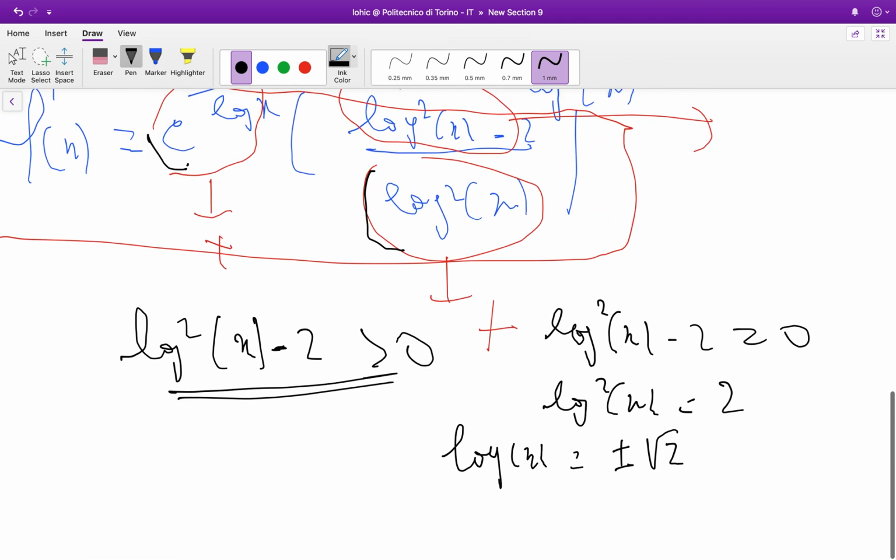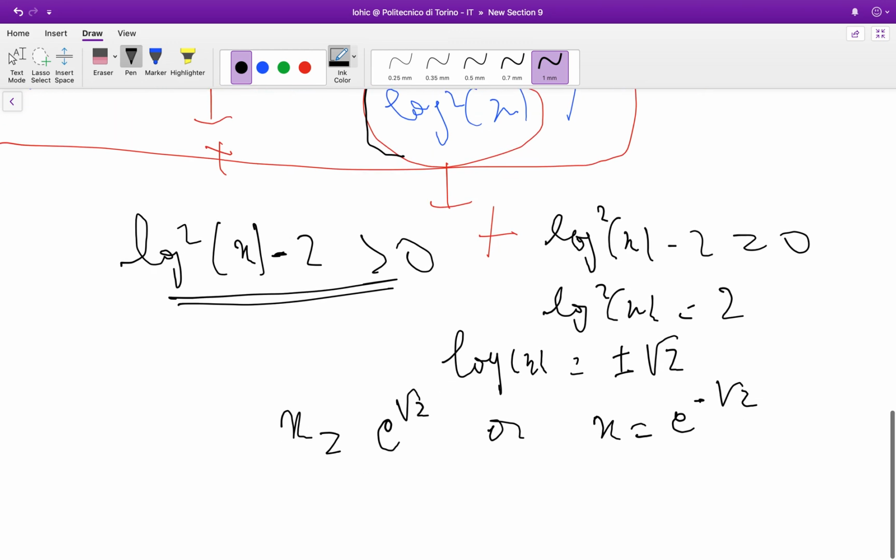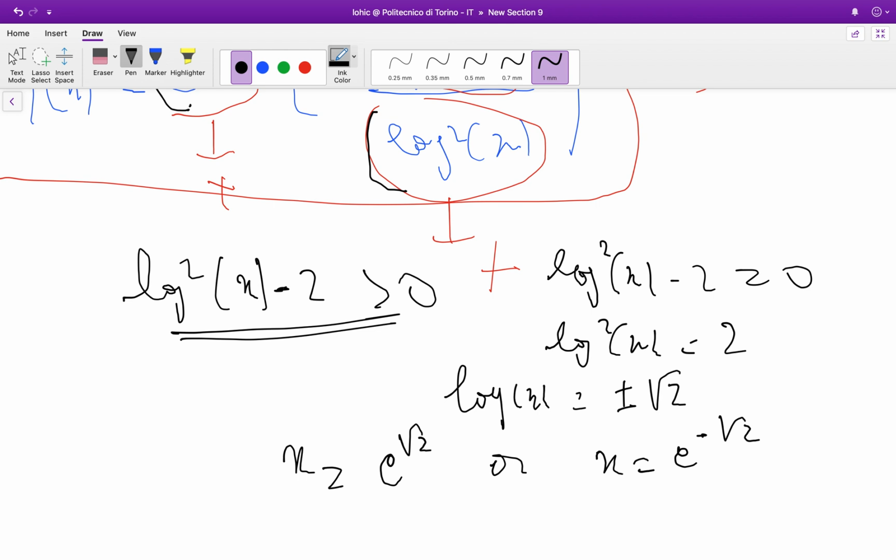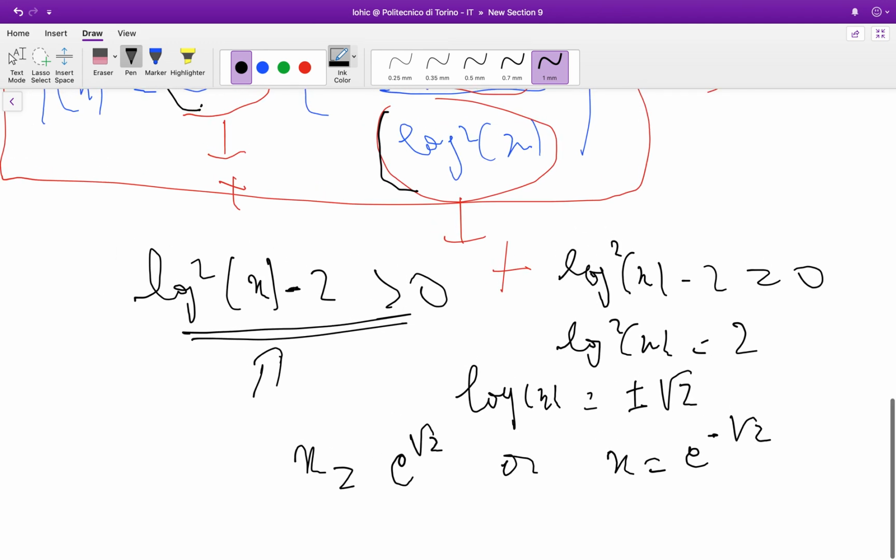And thus x, to get x we apply the exponential. X is exponential of root 2, or x is exponential of minus root 2. Is that clear? So this means that this expression has two roots. Now we can build our table for the derivative.